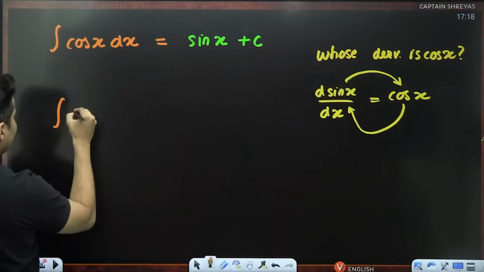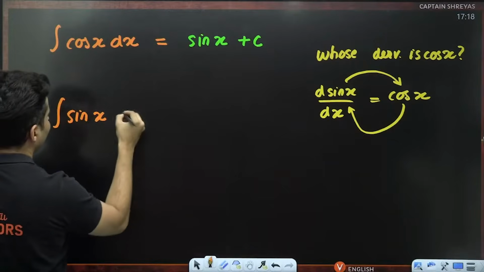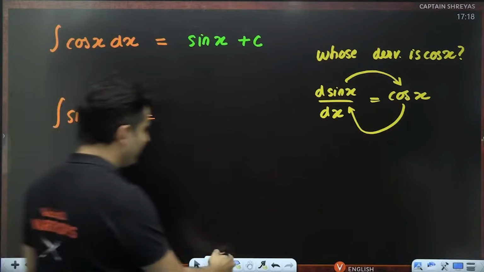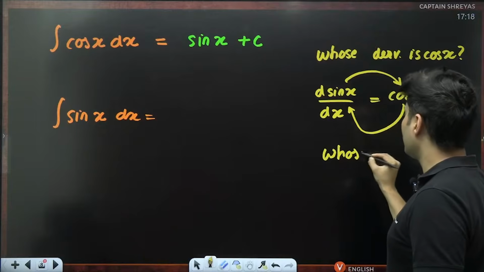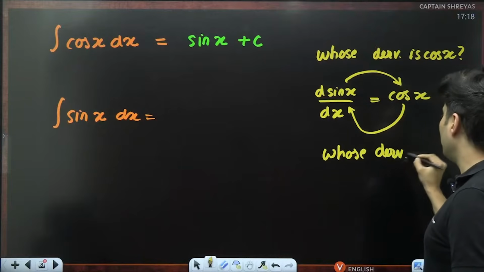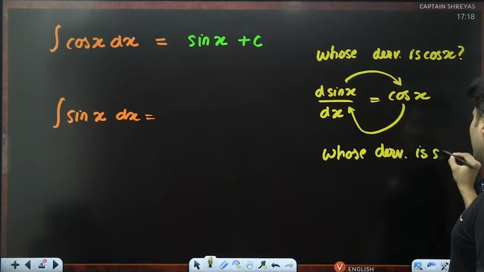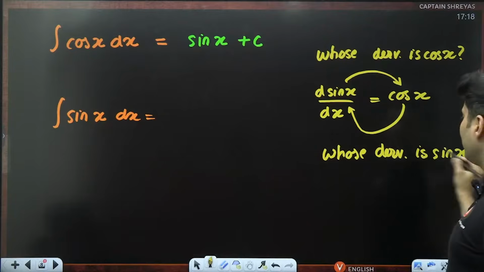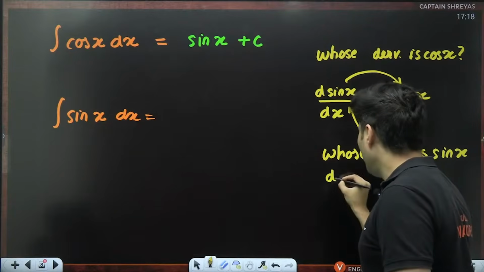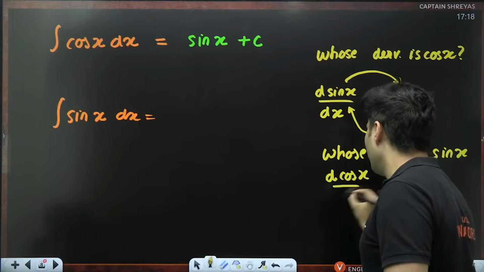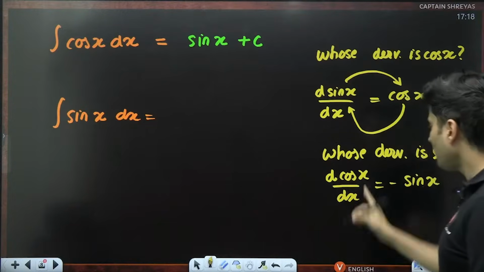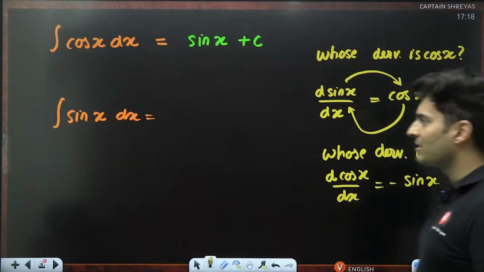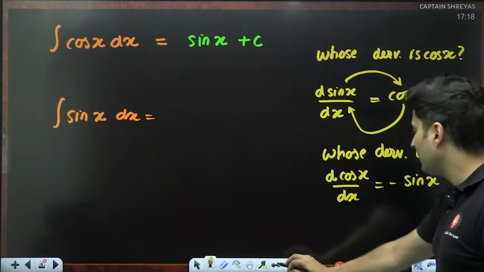Similarly, if I ask you what is the integration of sine of x dx, think whose derivative or differentiation is sine of x. Whose derivative is sine of x? Well, if you differentiate cos x with respect to x, what you get is negative sine x. But here I don't have a negative symbol.